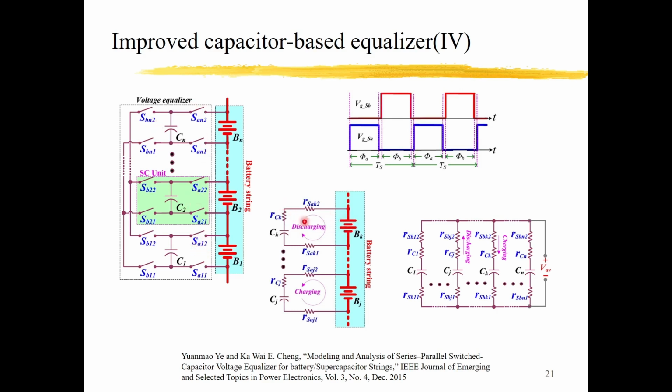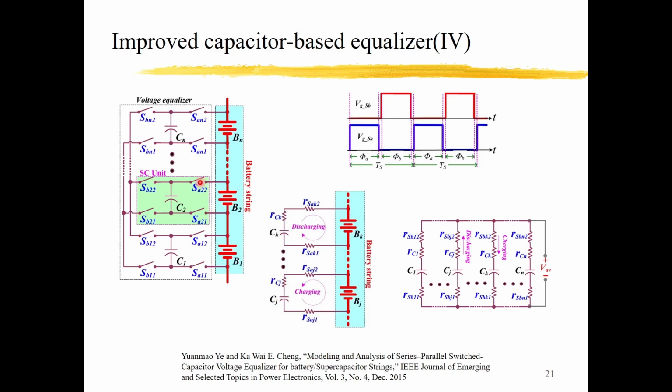The turn on of these switches will make the capacitors parallel to the battery cells. So at the first stage, the capacitors are parallel with the batteries, so the capacitor voltage will be equal to the battery voltages. Of course, the capacitor voltages may be different because of the imbalance of the battery cells.